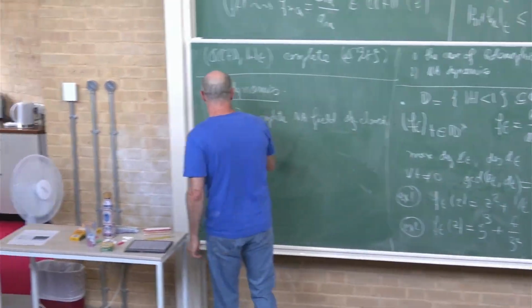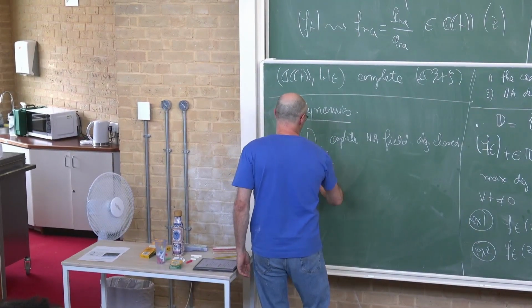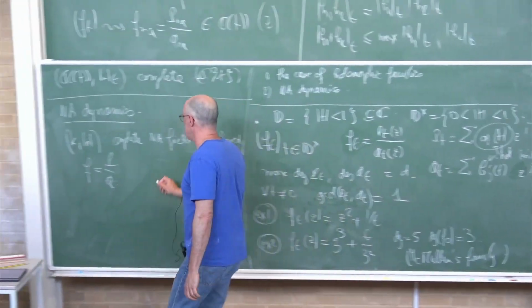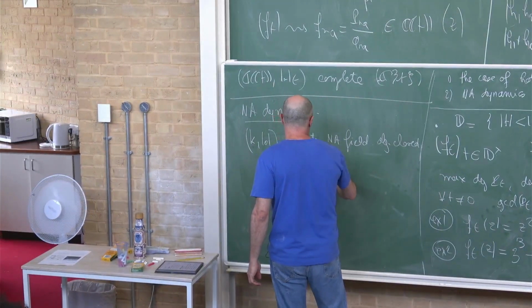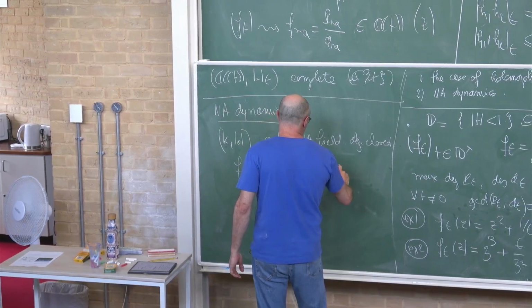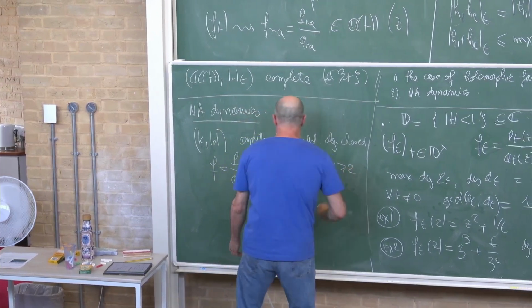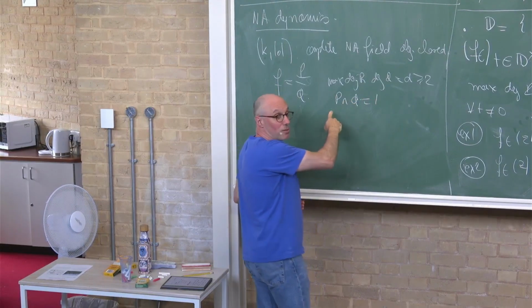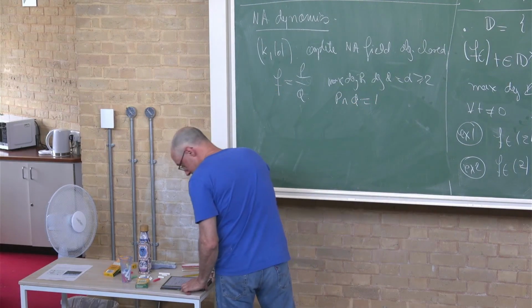Okay, so now I'm taking a rational map, a quotient of two polynomials, of degree d. So the maximum of the degree of P and the degree of Q is d, at least 2. And the GCD is 1, so now we know what this notation means.